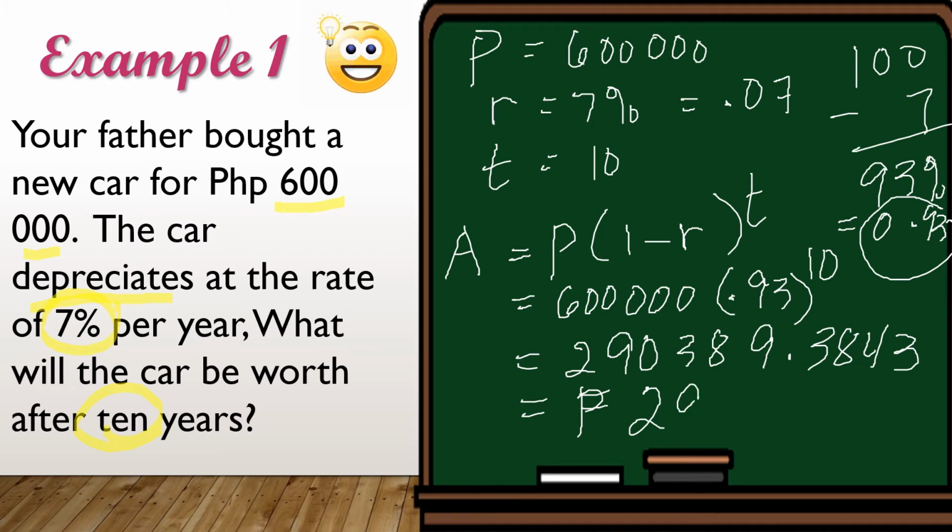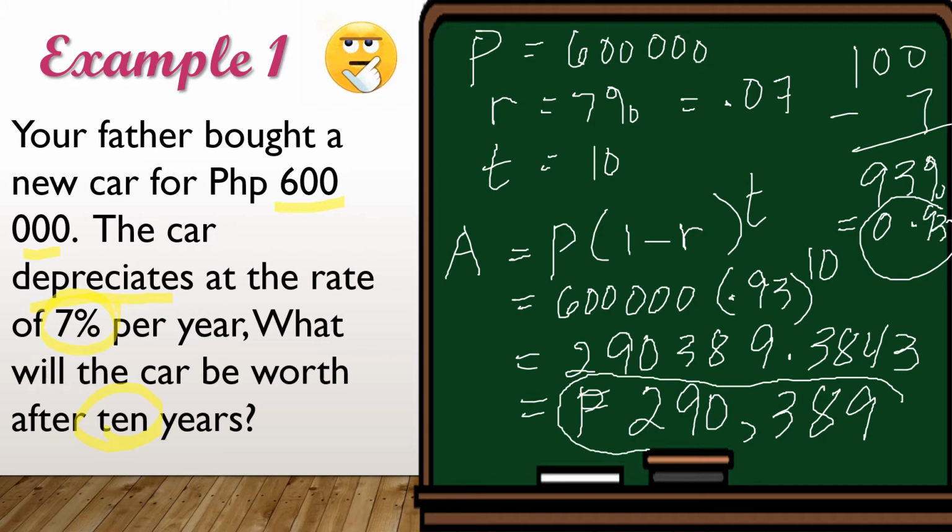This will be 290,389 pesos. This is the amount of the car after 10 years. So it's very, very low compared to the amount when the car was newly bought. Of course, the value is decreasing because it depreciates by 7% per year.